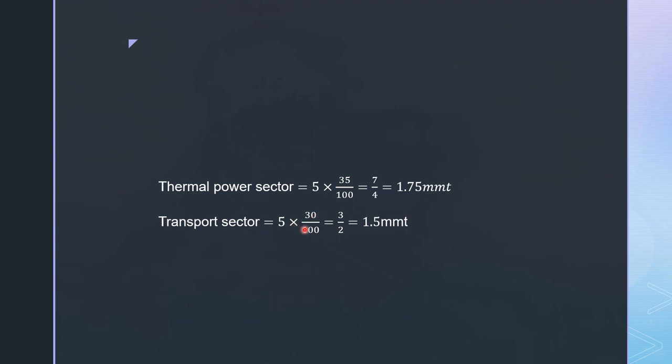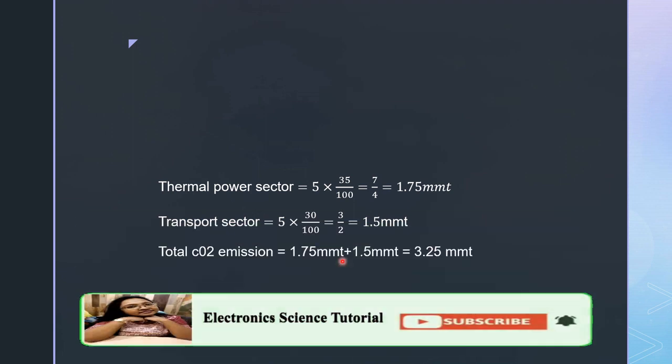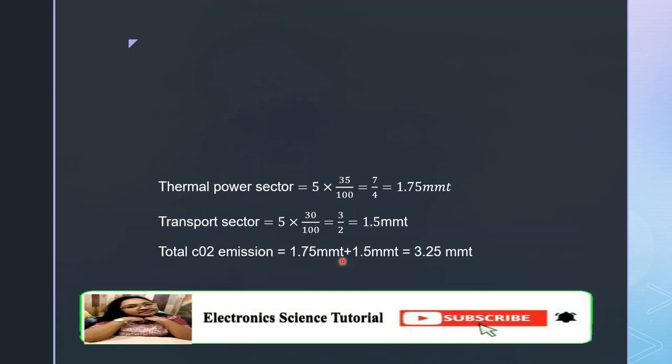So 5 into 30%, that means 3 by 2, that is equal to 1.5 MMT. So the total CO2 emission will be 1.75 plus 1.5 MMT, that is equal to 3.25 MMT. So the right option is option A. Okay. So in this way we can easily solve pie chart questions.